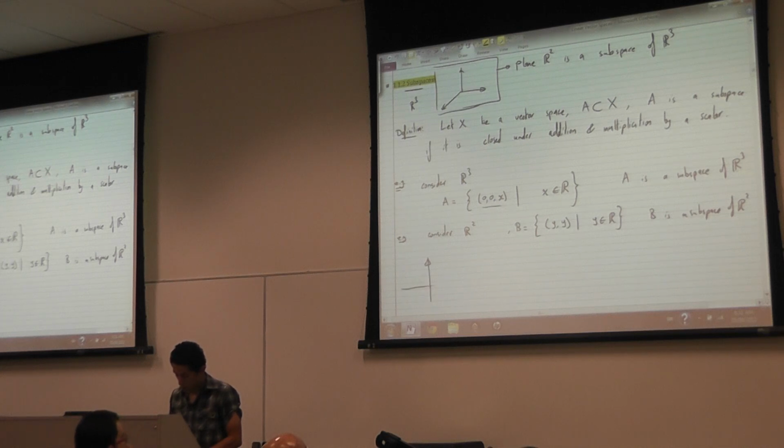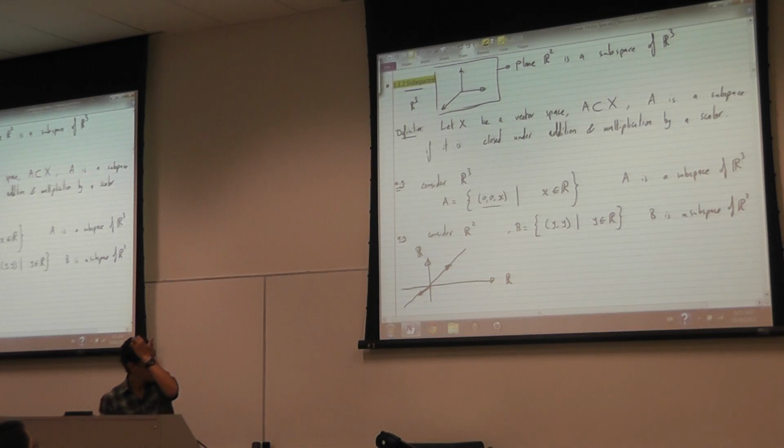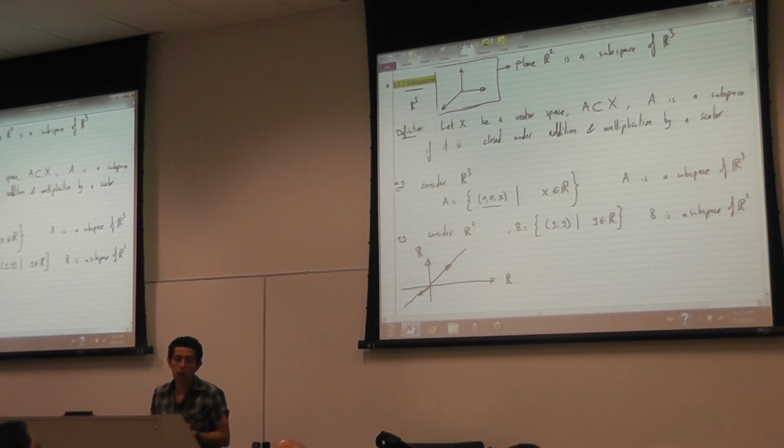This is R2, which is R and R. B is all the points along this line, or all the vectors along this line. Any vector here, and another vector here, if you add them together, you still lie on that same line. If you add (1, 1) plus (2, 2), you get (3, 3). (3, 3) is still on the same line, and so on. So this line forms a subspace of the bigger space.